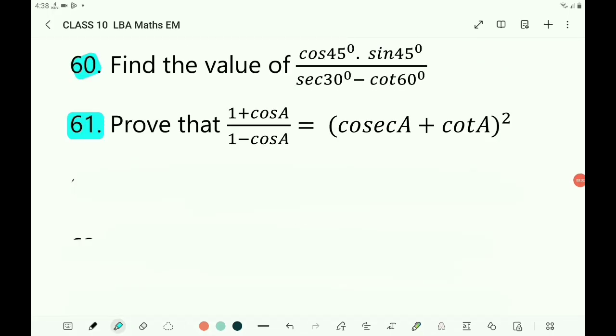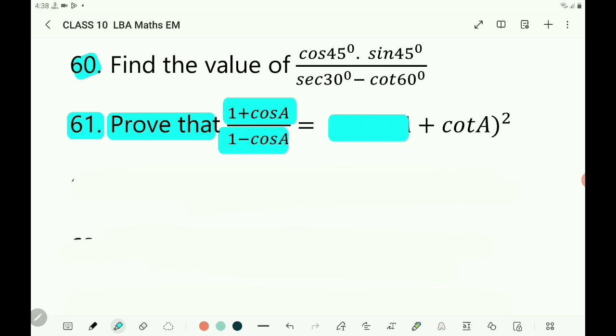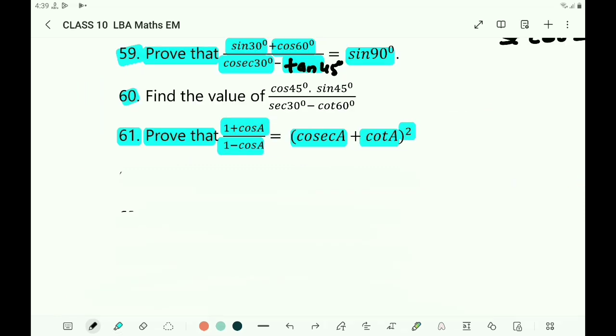Question number 61. Prove that 1 plus cos A by 1 minus cos A equals cosec A plus cot A the whole square. Write the LHS.